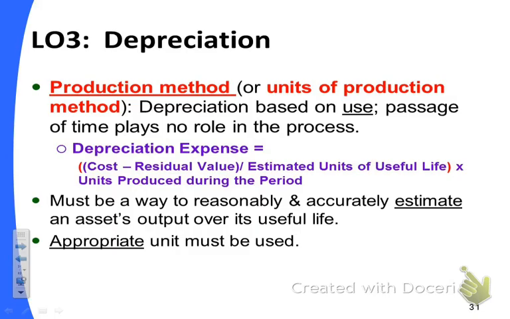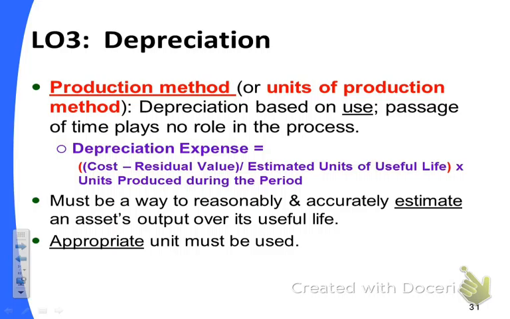So we're going to again look at our cost minus our residual value to get our estimated units of useful life, and then multiply that by the units produced during the period. There must be a way to reasonably estimate the asset's use over time.